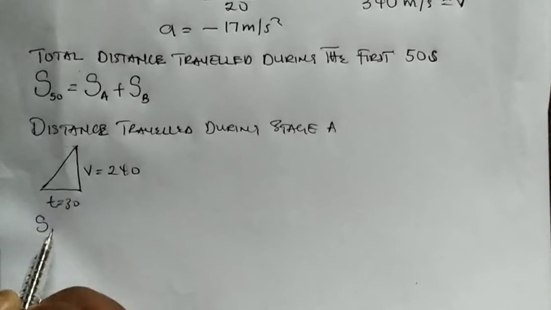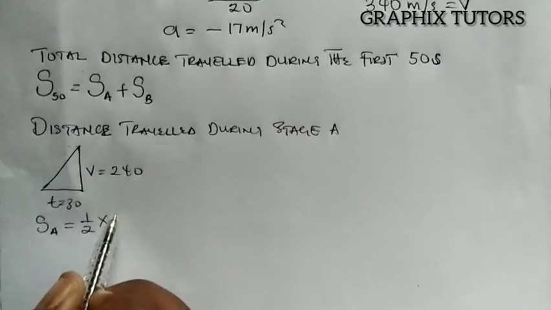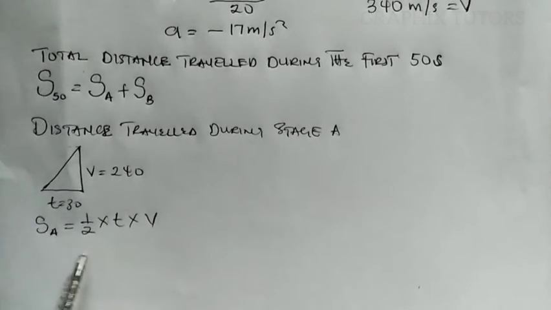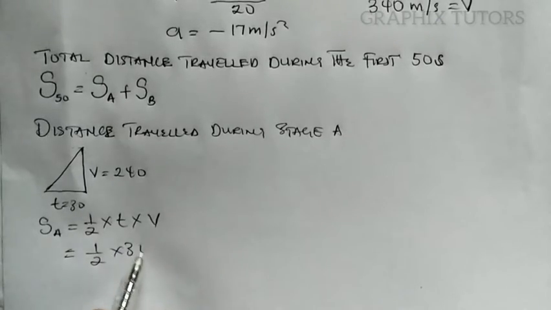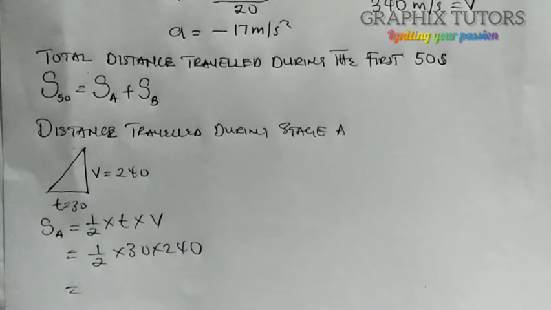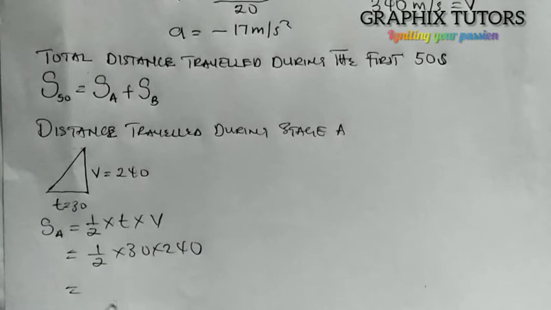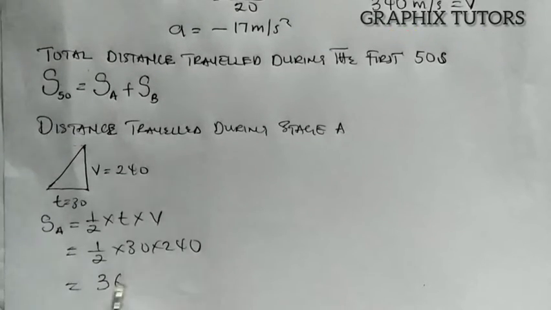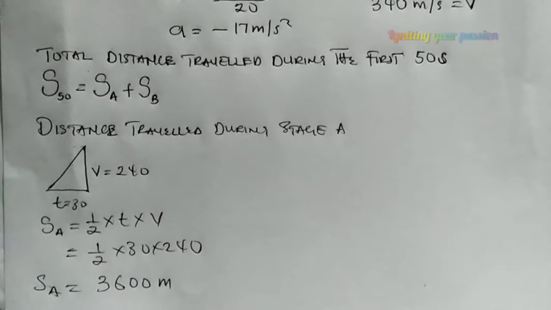So SA is equal to what? Half times T times V, and that will give me 1 over 2 times 30 times 240. That will give me 15 times 240, that will give us 3,600 meters. So that is the stage A, right?